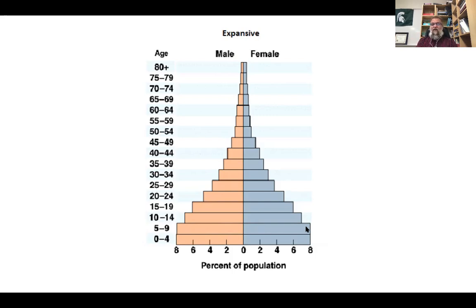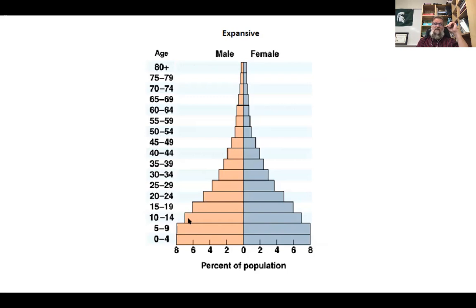Over here, females, a little bit closer to 8. There's not much difference, but 5 to 9 females is right about 8%. So in total, add the guys about 8%, add the girls about 8%. In total, 16%. That's a big chunk. 16% of this country's population is only 5 to 9 years old.